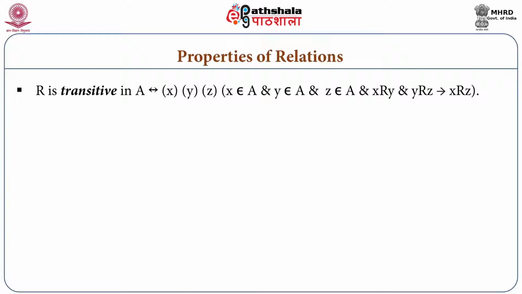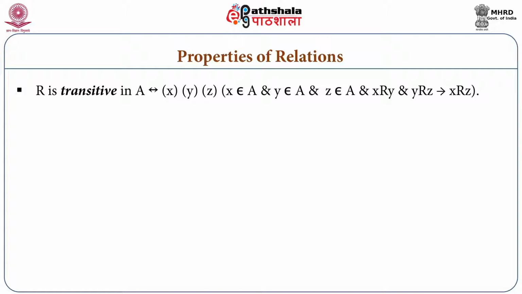R is transitive in a set A if and only if, and we need three elements, keep in mind, for all x, y, z members of A, x element of A, y element of A, and z element of A, and this is important, there is a relation between x, y and also y, z, then we can say that there is a relation from x to z. That is the definition of transitive relation.